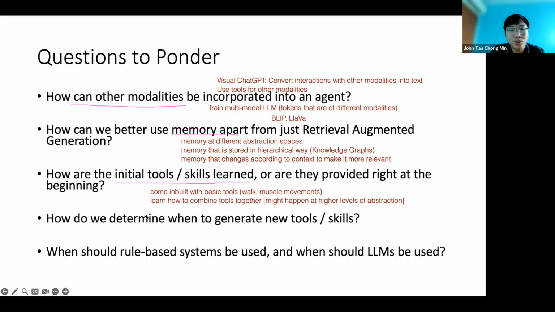Right now the tools and skills are more or less self-defined at the start, like the navigation tool, Visual ChatGPT, the visual foundation models are all given. There's no learning here. Maybe the only thing that has learning that I've seen so far is Voyager, where you learn the skills by composing earlier skills. But even Voyager comes with the problem of compile errors, you might compose wrongly and so on.